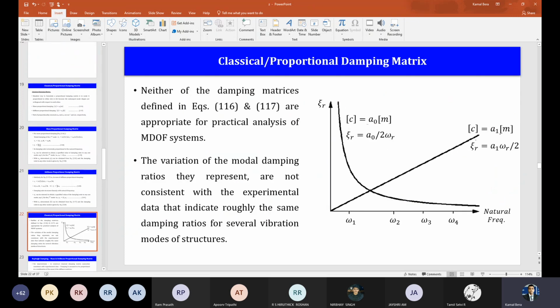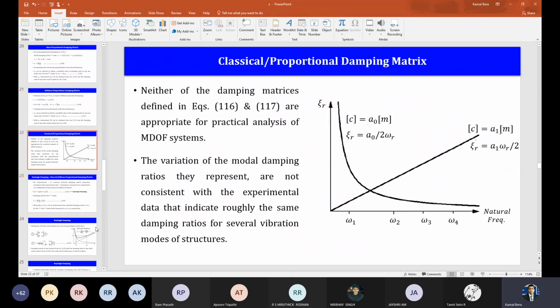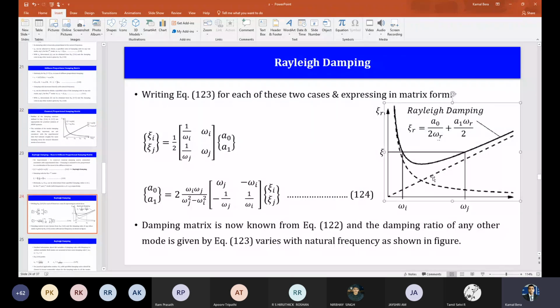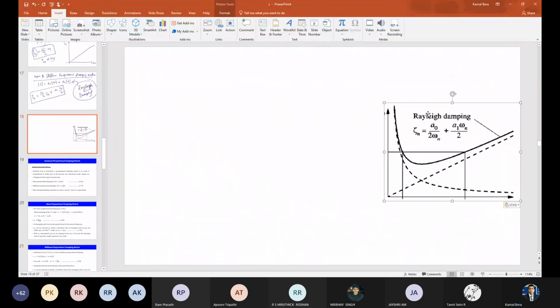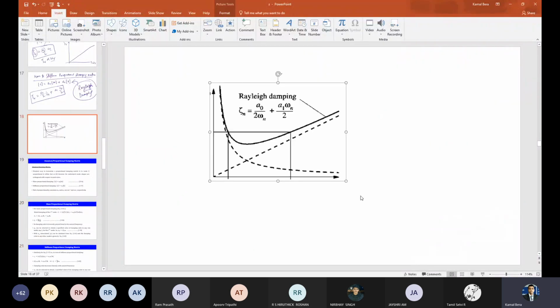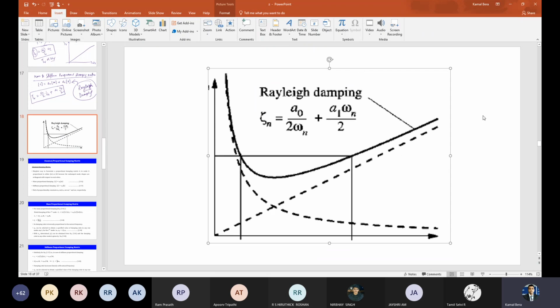Let me just copy this figure. I do not want to plot it. You can see it, right? So that is your Rayleigh damping. This one is your what proportional? Mass proportional, right? Let me write just like that.